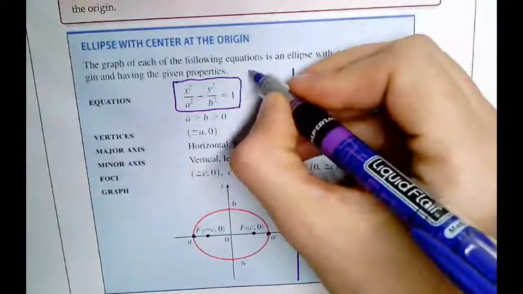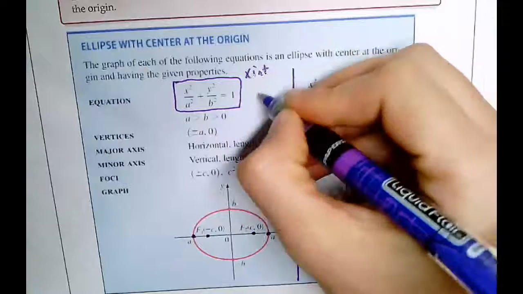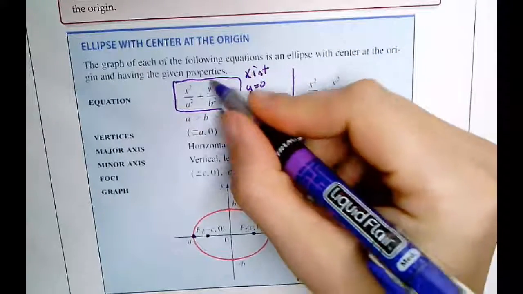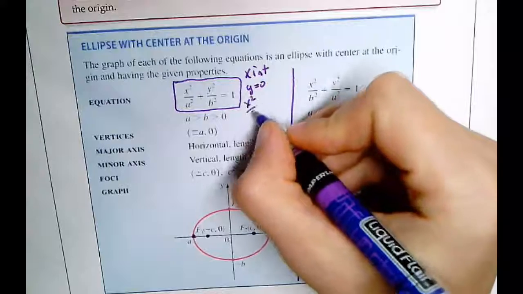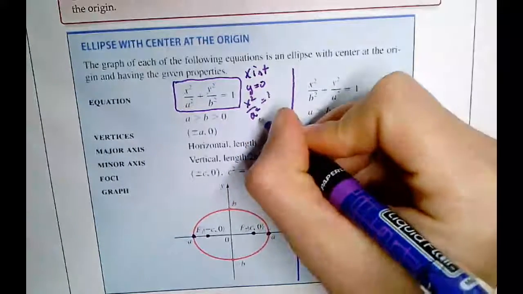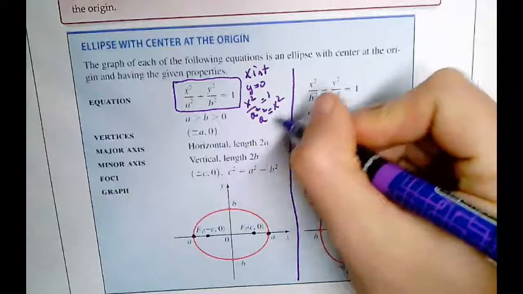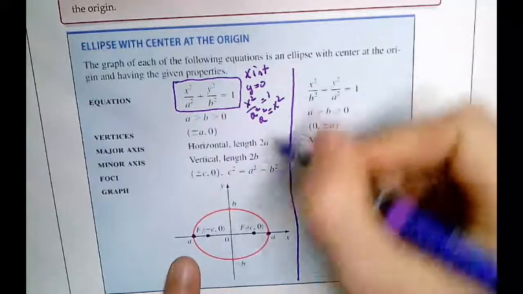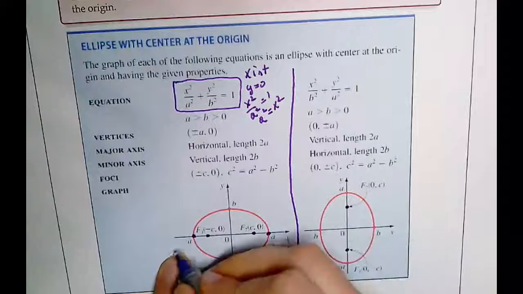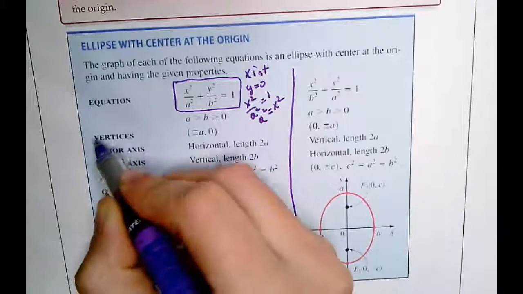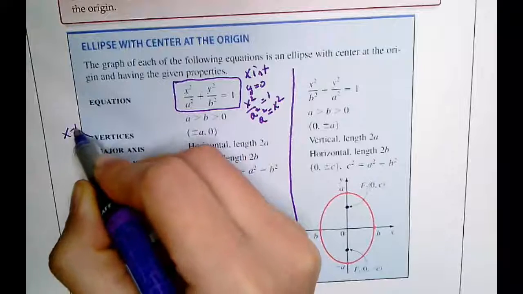The x-intercepts are where the y is 0. So if you set y equal to 0, you will get that x squared over a squared equals 1, which gives you that x squared equals a squared. So the x-intercepts are going to be at a and minus a. So we call the x-intercepts the vertices. So the vertices are the x-intercepts.